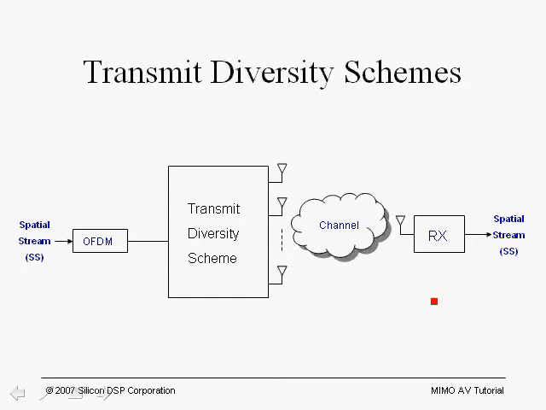For example, in the case of beam forming. However, in this section, we are going to limit our discussion to transmit diversity, and have a single antenna at the receiver.